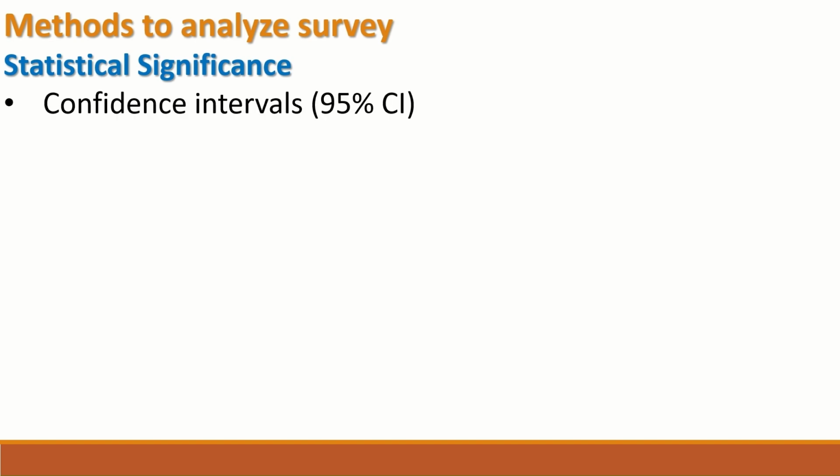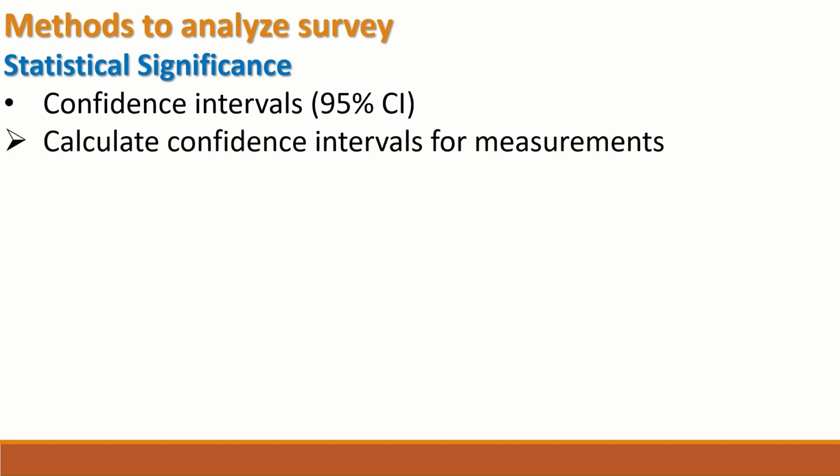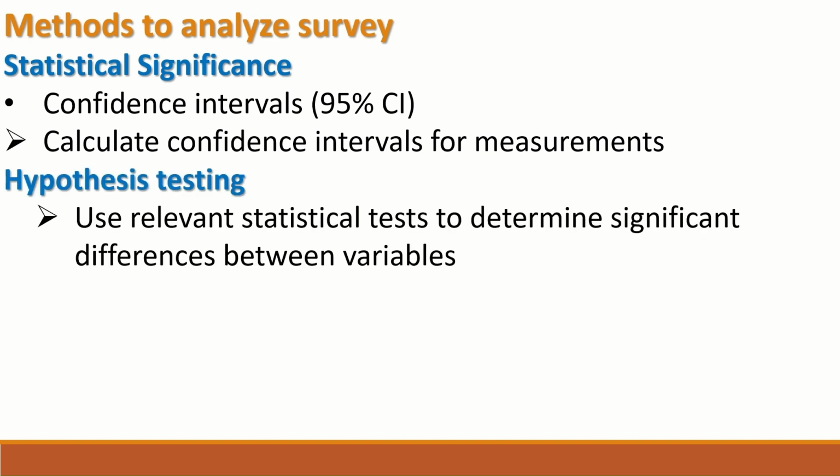The next and the most important step for survey analysis is to determine the statistical significance in two ways. First of all, to determine and calculate the confidence interval, 95% confidence interval for the measurement. The second way is to generate a hypothesis and to do a statistical test, and to use the relevant statistical test to determine the statistical differences between variables by calculating the p-values.